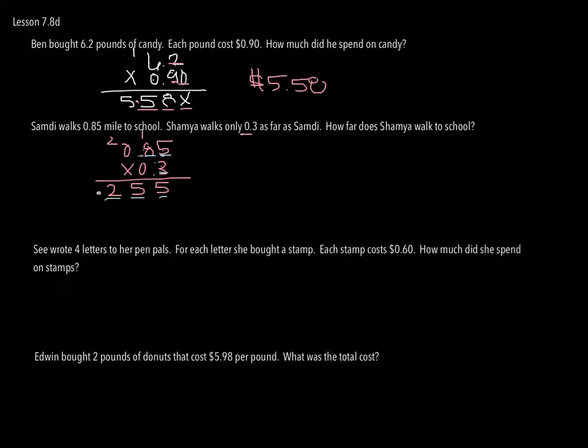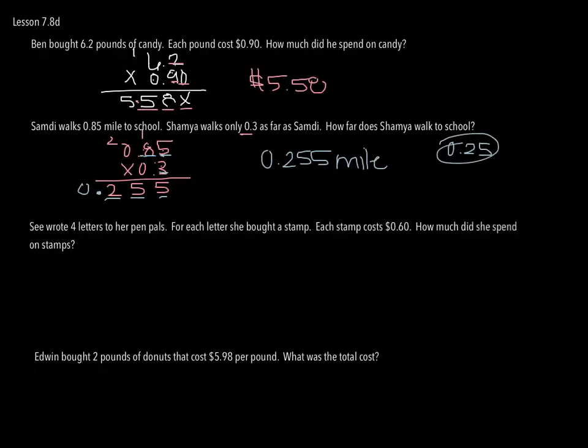The decimal point is going to go right here. It's filled with 0. So Shemaiah walks 0.255 mile. She walks a little over a quarter, because a quarter of a mile is 0.25. So she walks a little bit more than a quarter of a mile to school.